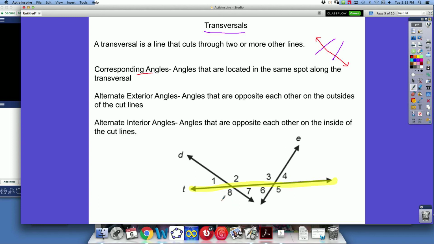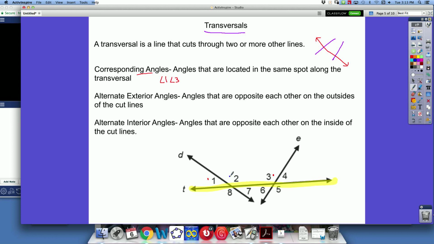So corresponding angles means if I'm looking at it like this, if my top left angle is angle 1, angle 1 corresponds with the top left of the second set. So it corresponds with angle 3.